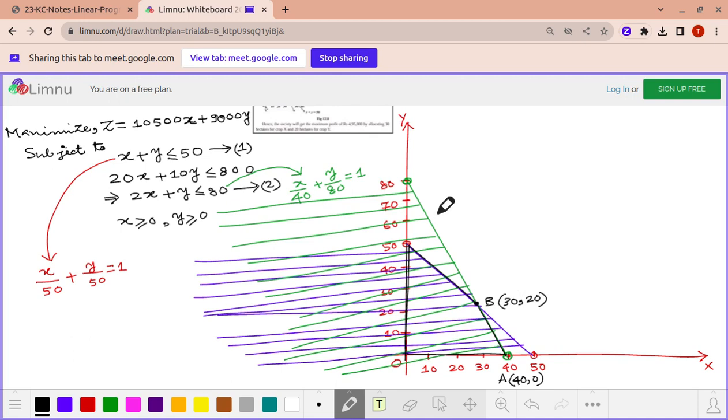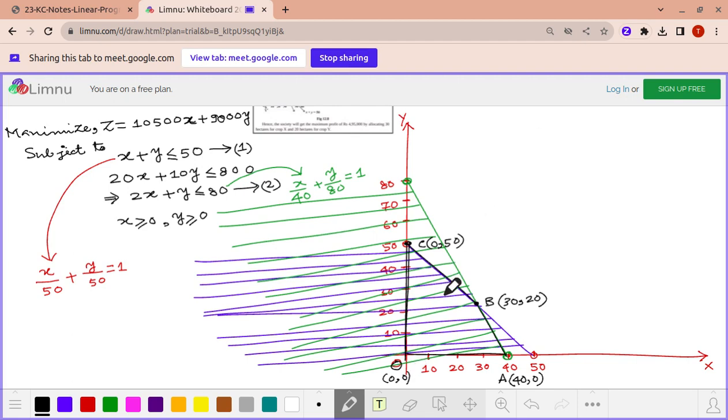And then we are getting another point, point C, whose coordinate is 0, 50, and obviously the origin has the coordinate 0, 0. So we get O, A, B, C, O as the feasible region, which is a bounded one.